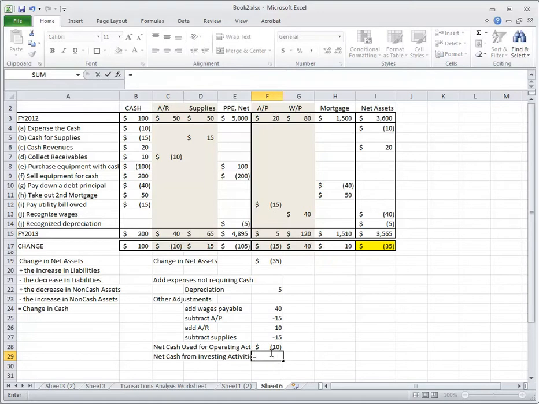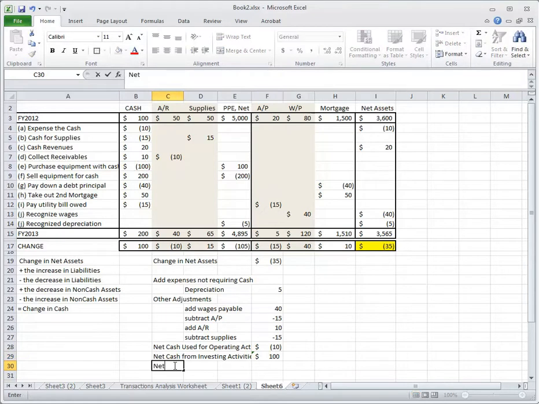So investing activities are buying and selling stocks and bonds, or buying and selling capital assets. And so here are our investing transactions, our capital assets. We don't have a long-term investment or long-term securities account. That would be included as well. And so we spent $100 and we brought in $200. So the sum of those two is going to be our net cash flows from investing activities.